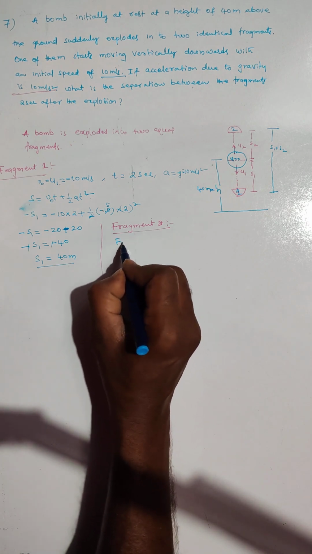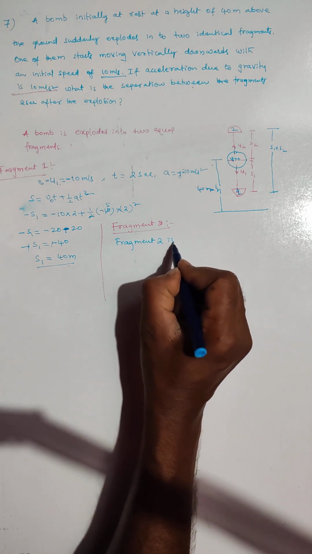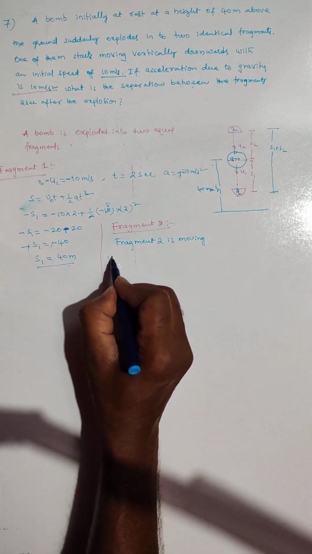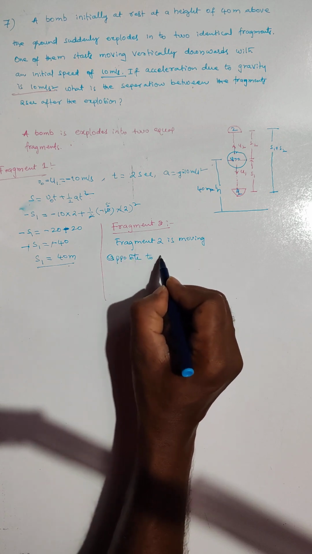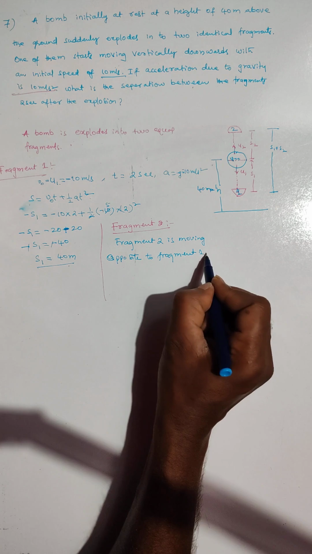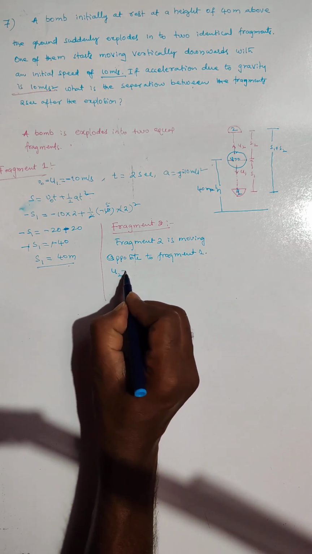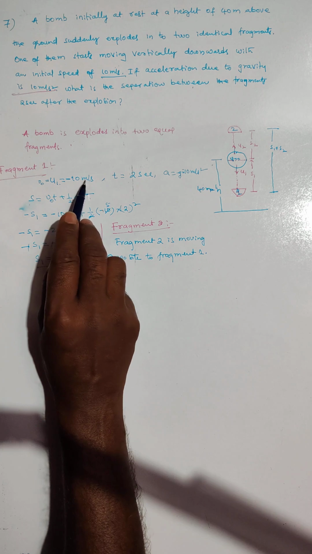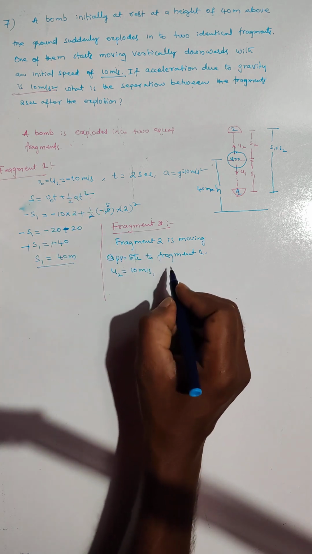So its initial velocity u2, where we have taken minus 10 for fragment 1, is opposite, that is 10 meters per second.